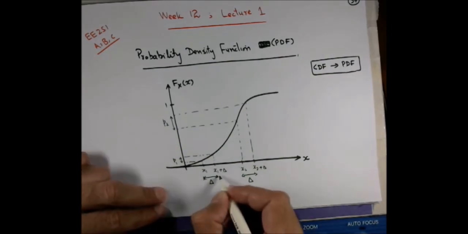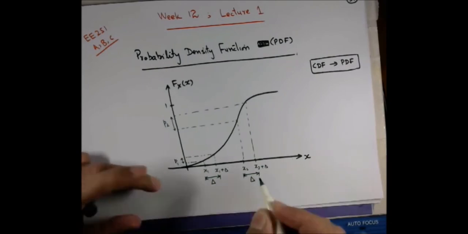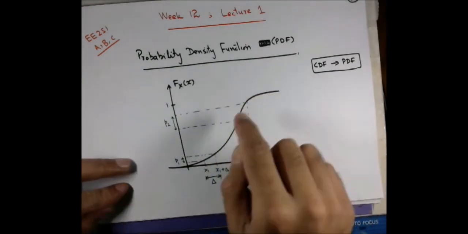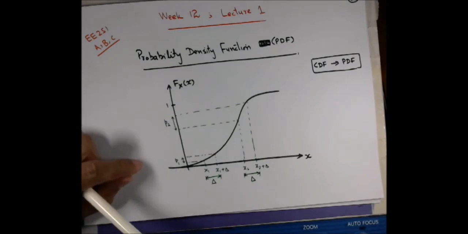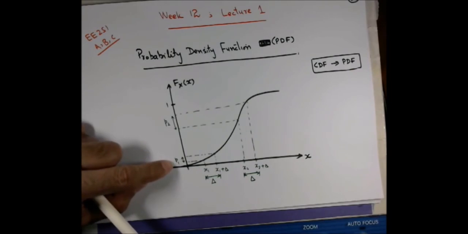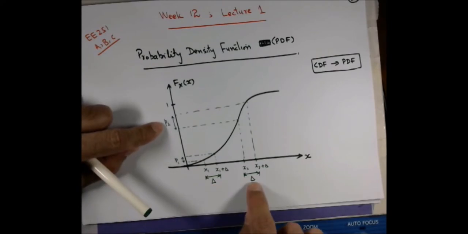So what we see now here is a relation between the CDF and the probabilities of those intervals. Please note that this probability P1 for the same size interval delta is smaller than P2 for the same size interval delta.